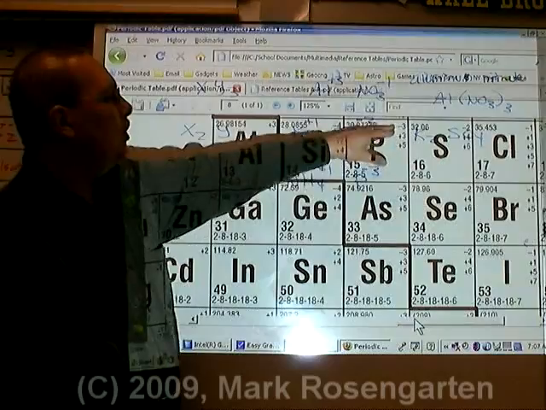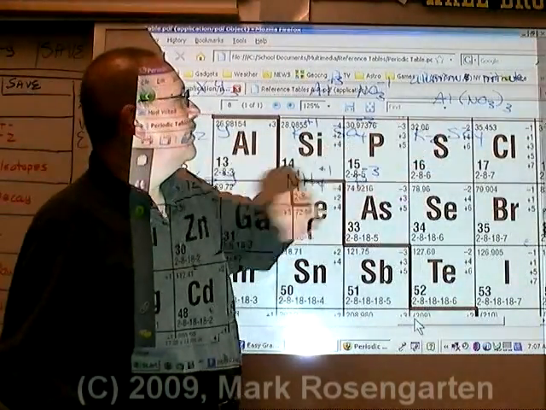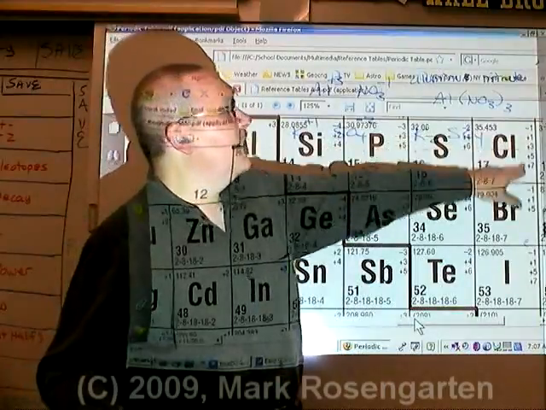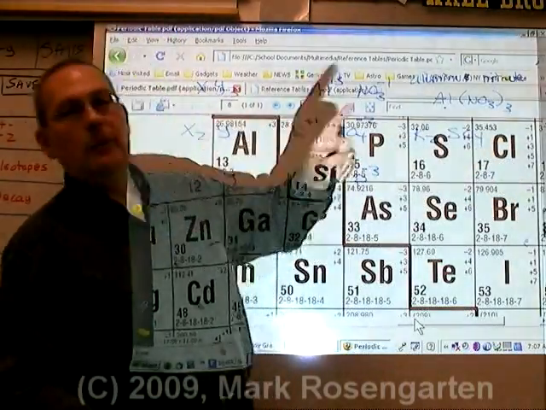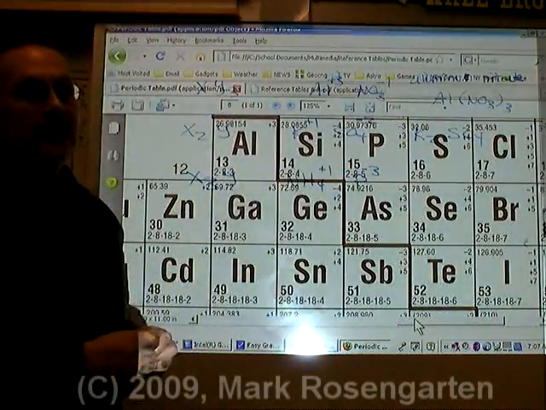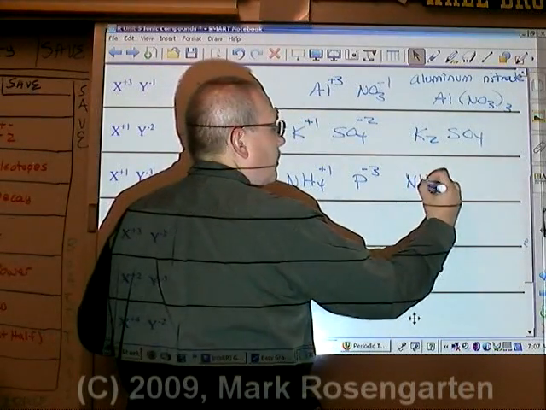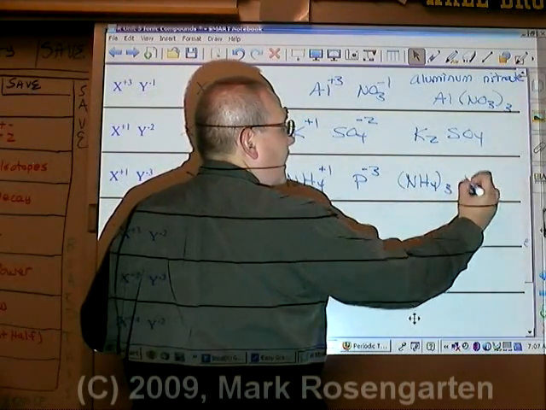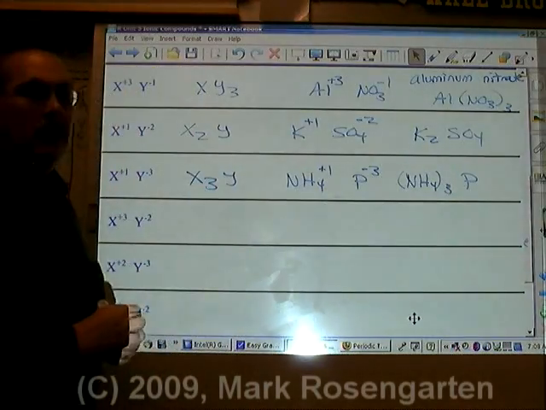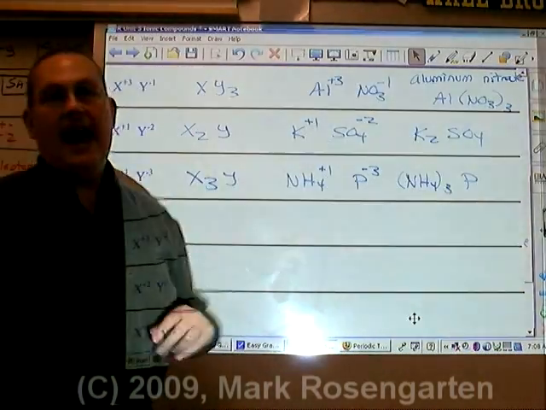Its ion charge is the top one, -3. The sulfide ion is -2. Chlorine looks like it's got a lot of different charges. The only one that's an ion charge is the -1. The first charge listed is the nonmetal's ion charge. So the formula is (NH4)3P. We need to put parentheses around the ammonium because we're putting a number after it.